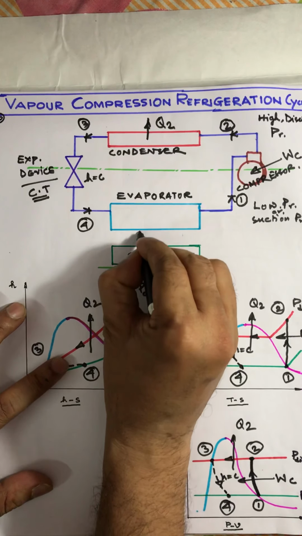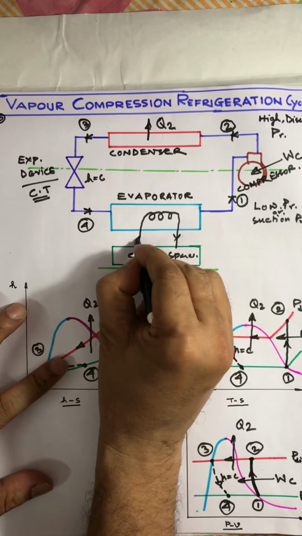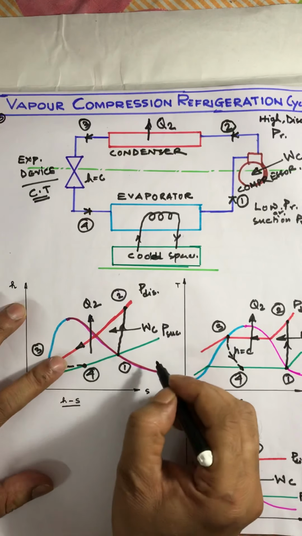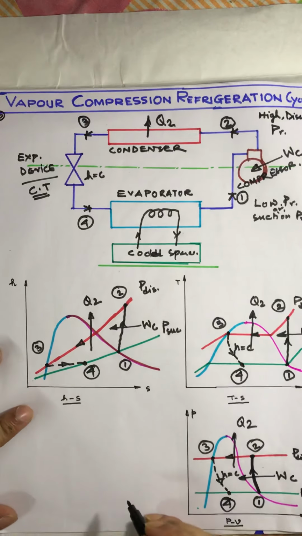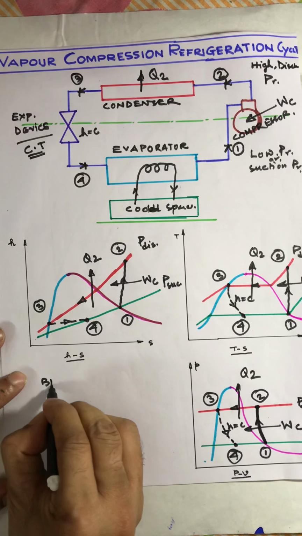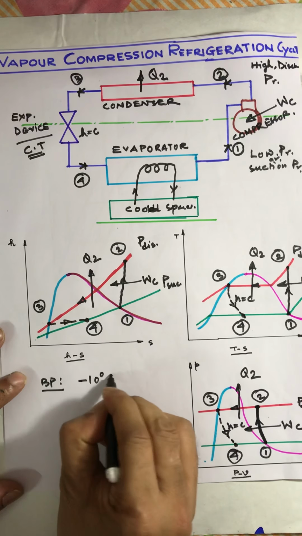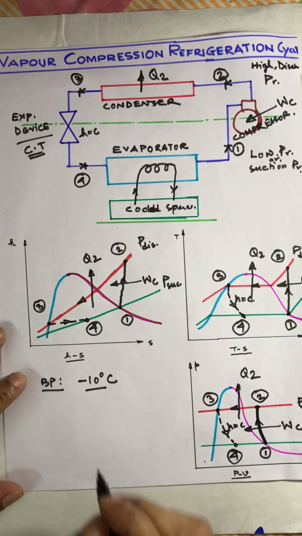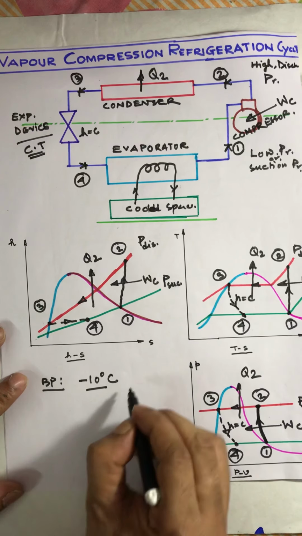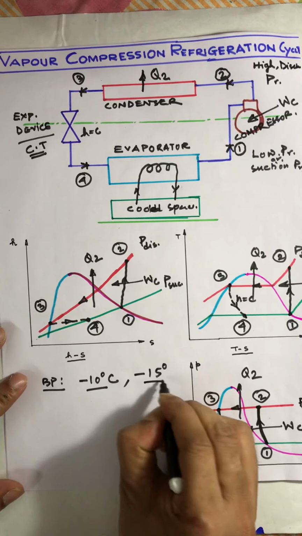Suppose from here the air is coming and returning back to the cold space. Say the boiling point of the working fluid is normally minus 10 degree Celsius, and due to the pressure drop, now the boiling point becomes minus 15 degree Celsius.